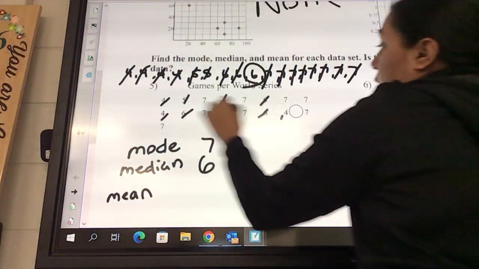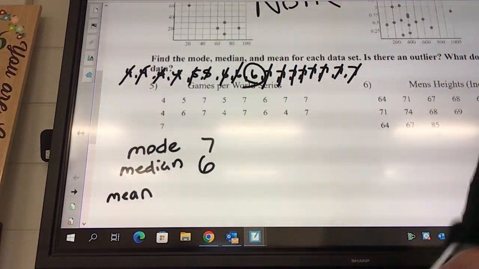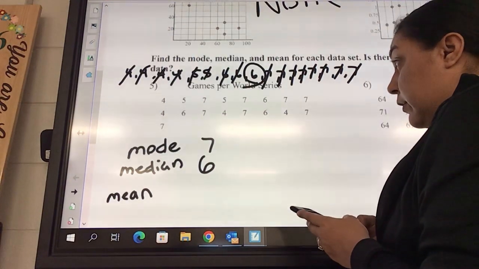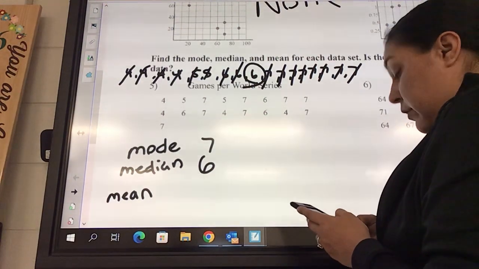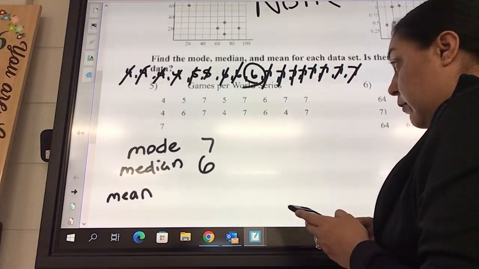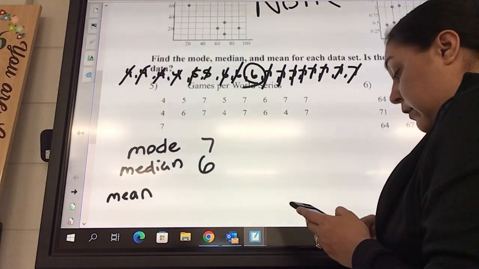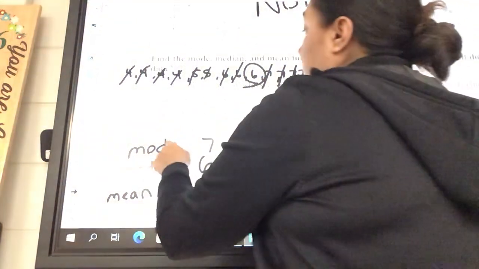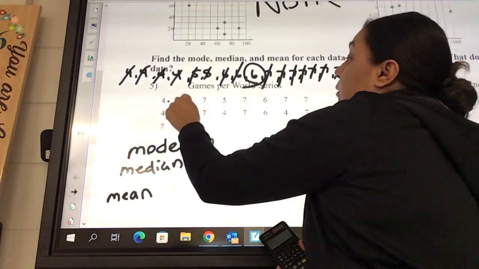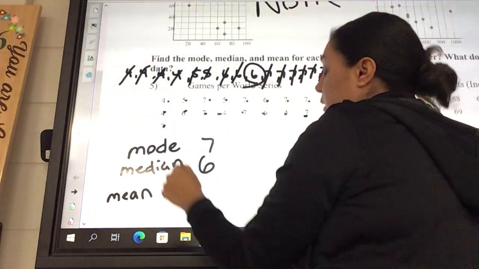Okay, and then for the mean, you're going to get a calculator and add them all up, and then divide by the number. So we got 4 plus 5 plus 7 plus 5 plus 7 plus 6 plus 7 plus 7 plus 6. And then you're going to divide by however many pieces there are. So 1, 2, 3, 4, 5, 6, 7, 8, 9, 10, 11, 12, 13, 14, 15, 16, 17.